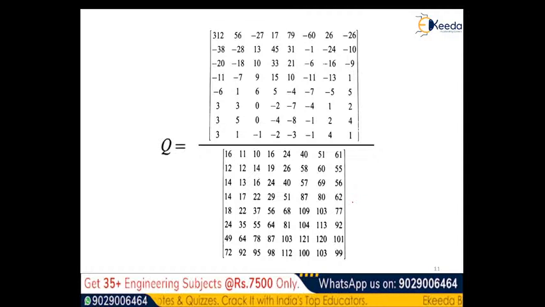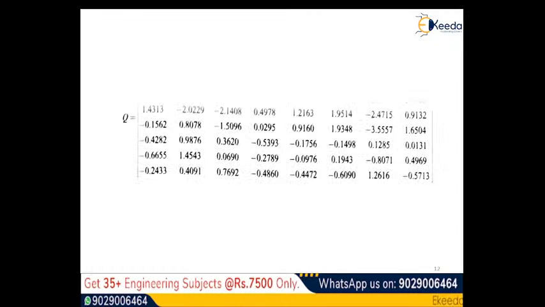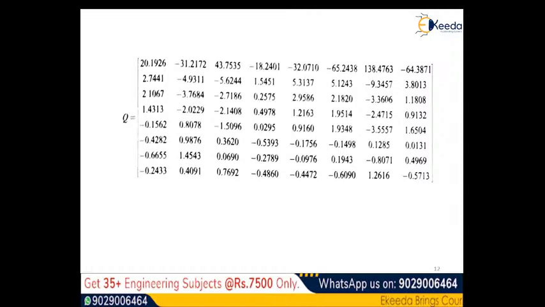So here it is a direct division, and here we obtain the capital Q again of order 8 by 8. The first row elements are 20.1926, minus 31.2172, 43.7535, minus 18.2401, minus 32.0710, minus 65.2438, 138.4763, minus 64.3871.